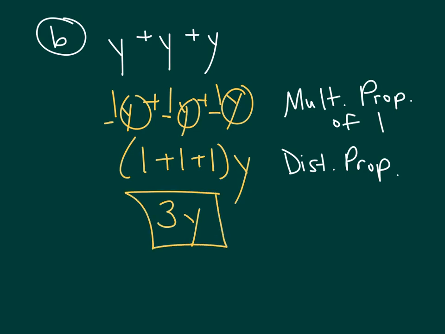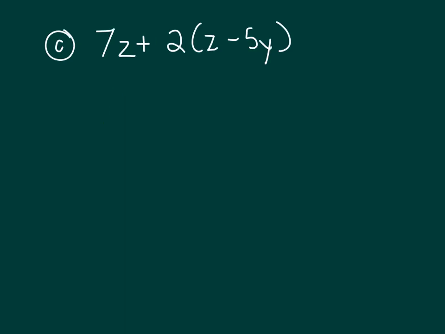And again, very soon, I promise, you'll be able to just kind of skip from these 3 y's down to here because you will understand that that's what that means. But in these early stages, we're just making sure you understand how we got from here to here using these different properties.